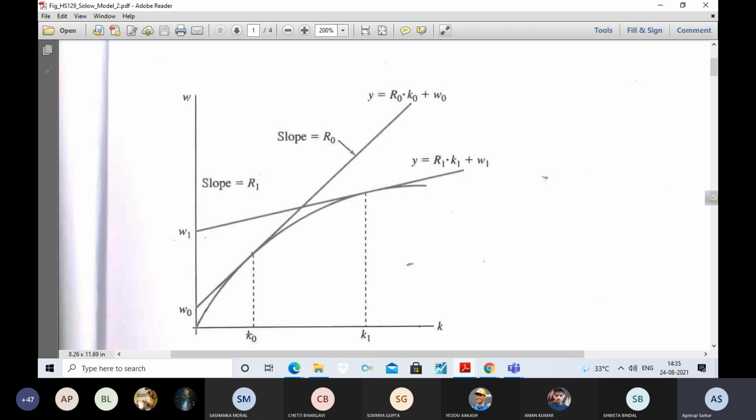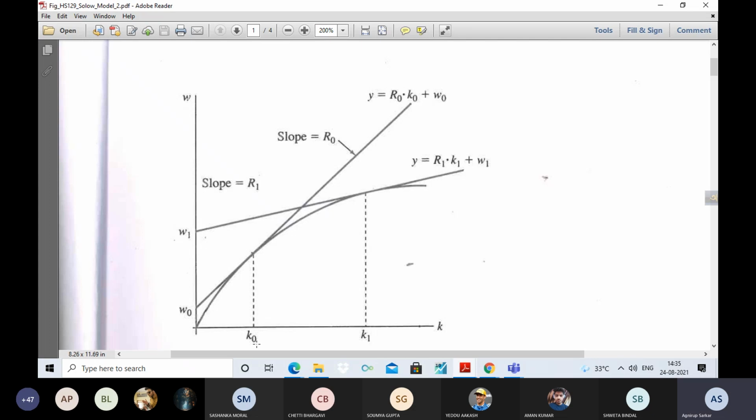So the R, which is the slope of the income function, must be equal to the slope of f(k). This is f(k), and this slope of f(k) must be equal to the slope of the income function also, provided we are talking about k naught value of capital.